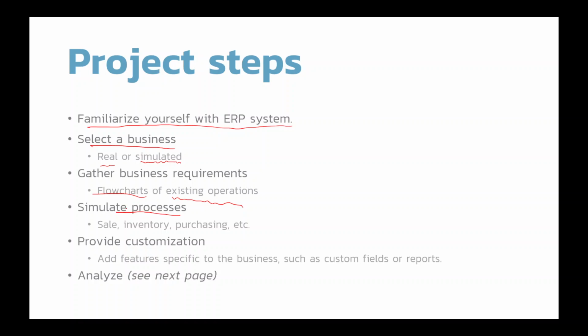So how does it work, if you are going to change from what they are doing traditionally? Usually you will find that most businesses use Excel to record everything. You want to change from Excel into the ERP system, and you simulate it. And then maybe you can show it to the business owner to see if they like it or not, okay?